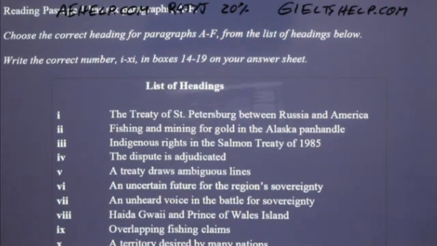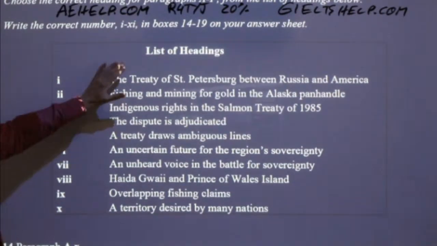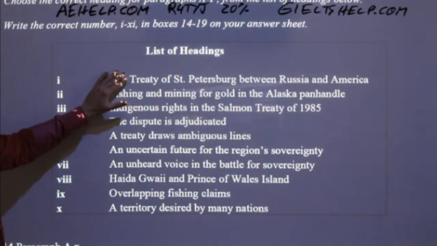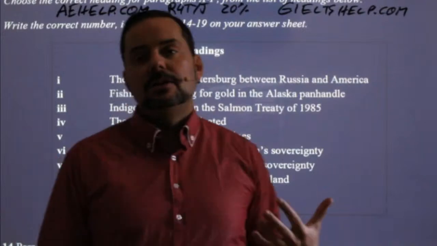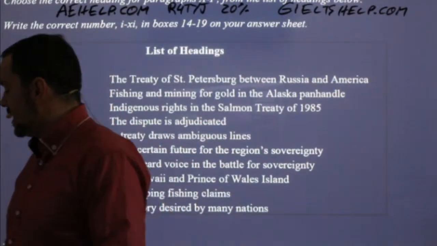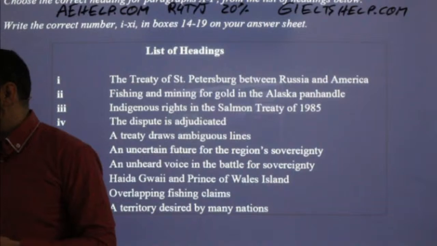Now, there's 6 paragraphs, and there's actually 10 choices. So that means that 4 of these are not going to be correct. And usually in the IELTS, you never read questions that have false or extra information, except for list of headings.